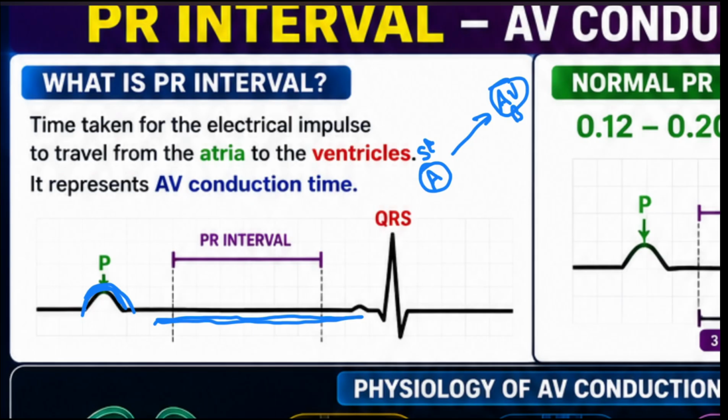Then it reaches station B, that is the ventricle. So the travel time between station A and station B is the PR interval.